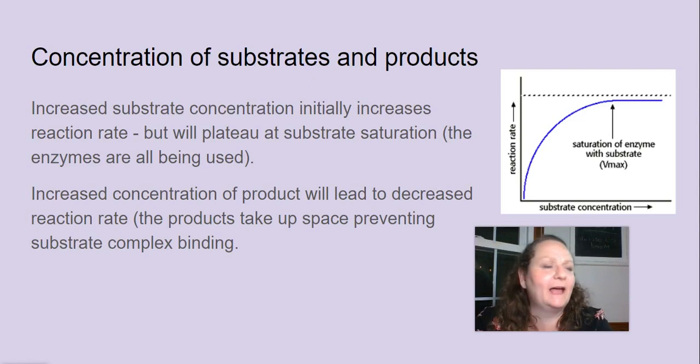The concentration of substrates and products. So if we add lots and lots and lots of substrate, that raw material that we're trying to bind to the enzyme, it initially is going to increase the reaction rate, but eventually it's going to plateau at the substrate saturation. That's when all enzymes are currently being used. It doesn't go beyond that point.